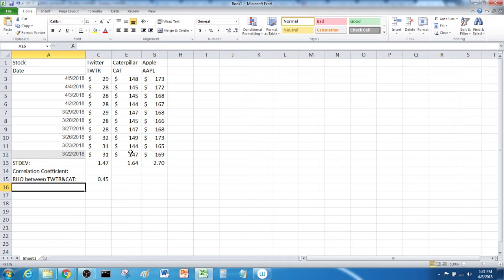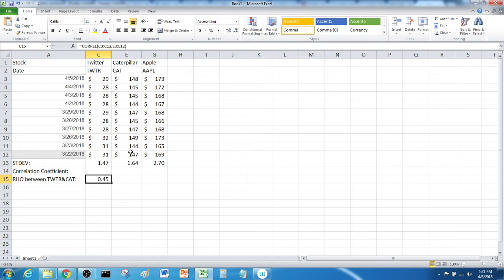And then that gives us a correlation of 0.45. Again, based on the rounding is why our calculated value is different than the calculation given by this program here.